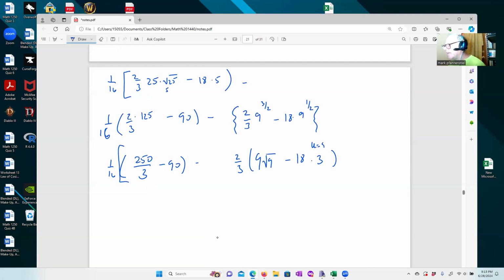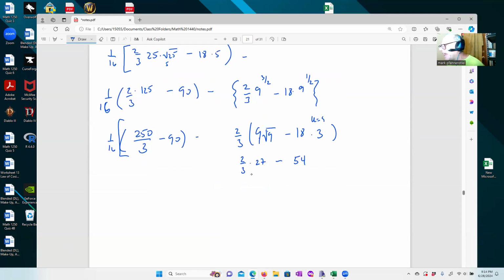So we'll go ahead and say that. So this is going to be 2/3 times this business here. So we have 2/3 times the square root of 9, which is 3. So this is going to be 9 times 3, 27. Minus 18 times 3. I think that's 54. Okay. And then 2/3 of 27, we have to figure that out.